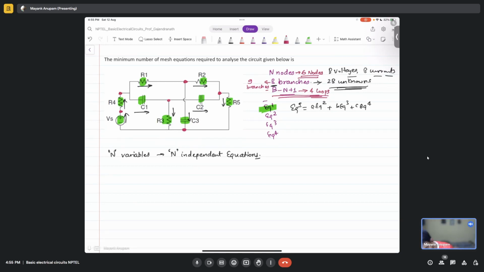Because one node you can simply assume to be the reference. Now you have five nodes here. So ideally, you would have required five KCL equations, right?